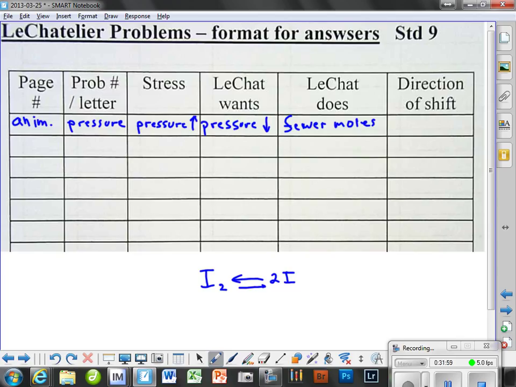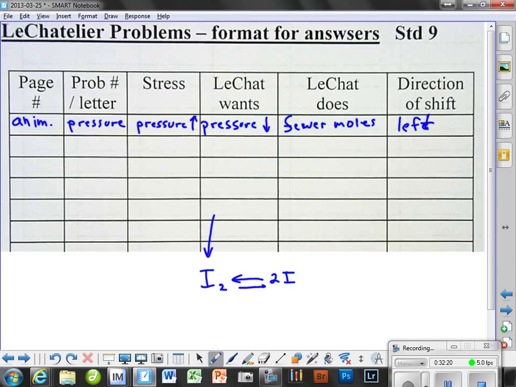It gets a little more difficult when you have 3 or 4 reactants and products. Okay? But here it's real easy. Which side has fewer? The left one. Yeah, the left guy. Okay, so he's going to shift left. Left. I got that right? Yeah.